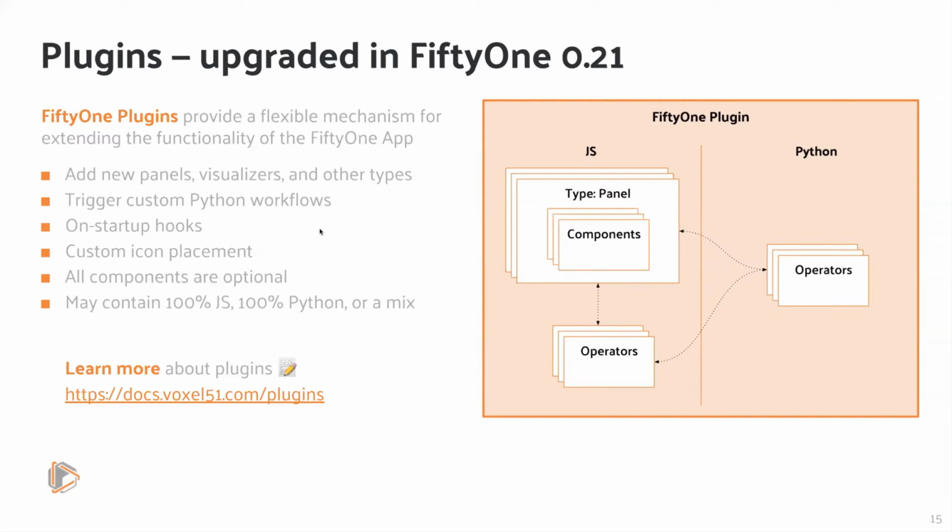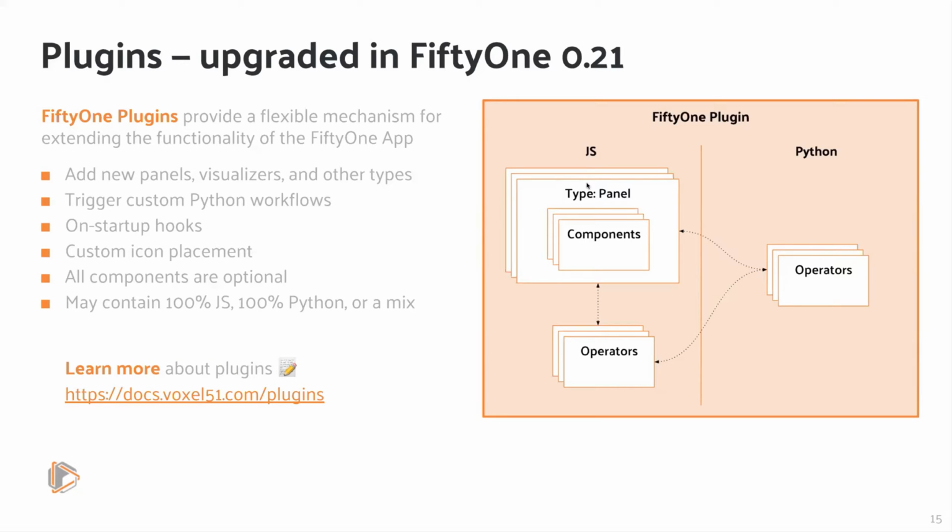So as a reminder, 51 has a plugin framework. And that plugin framework is designed so that you as a user of 51 can extend and customize its functionality in already a variety of ways and only increasing over time. As an example, you can use plugins to build custom panels that appear in the 51 app.